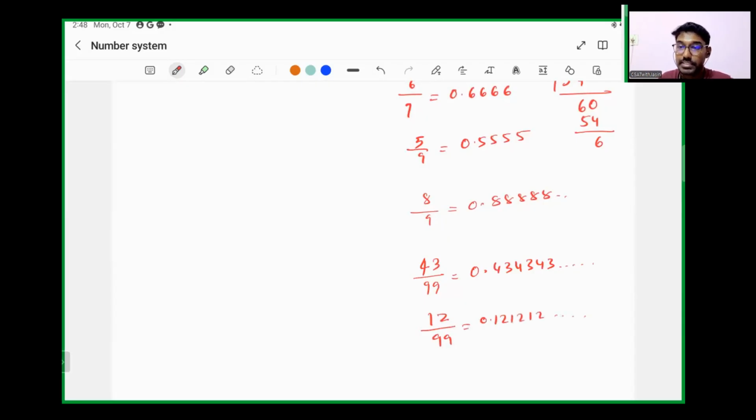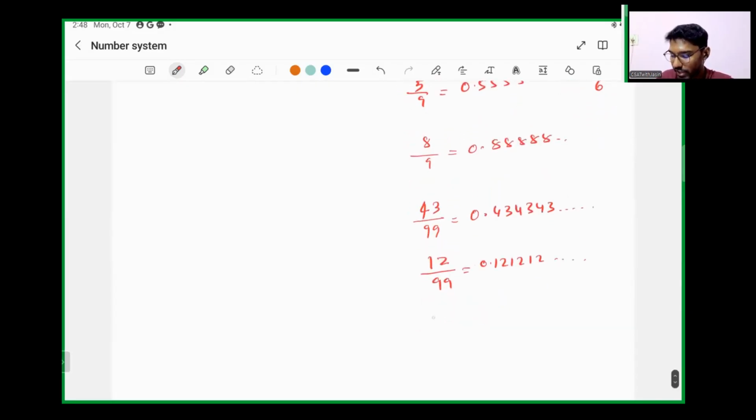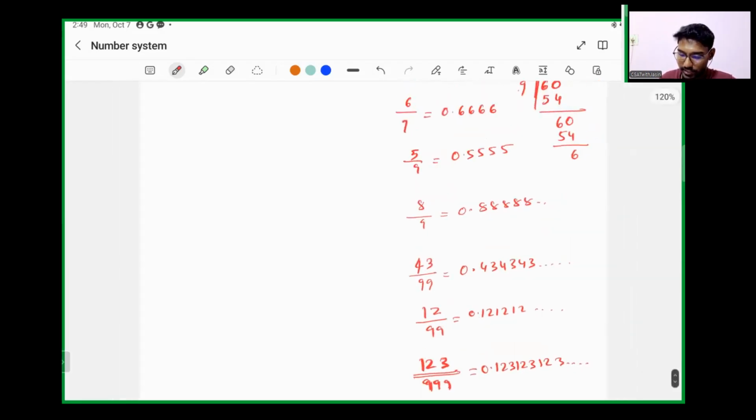This is the principle that we are going to use to find out our answer. And also if I am doing 123 by 999, because there are 3 digits here, if I am putting 3 9s below, you will get 0.123123 like this. Okay. So this is the concept we'll be using here.